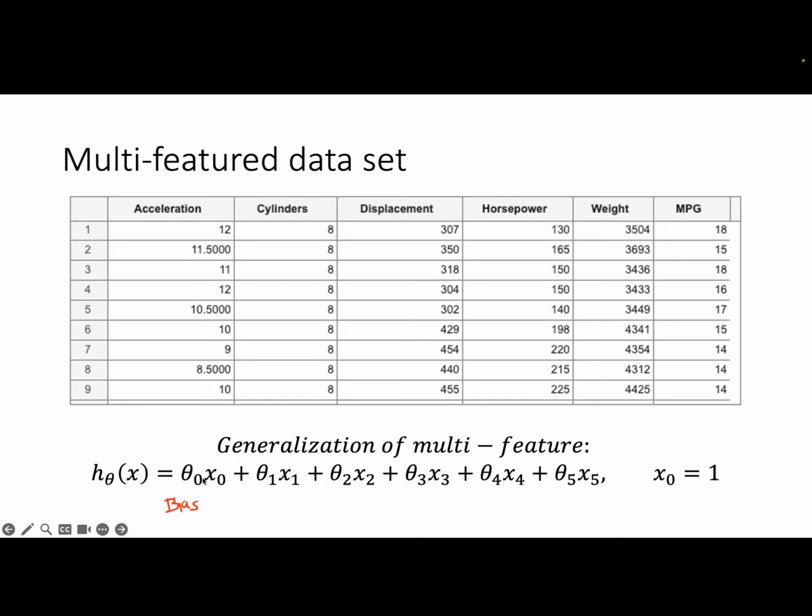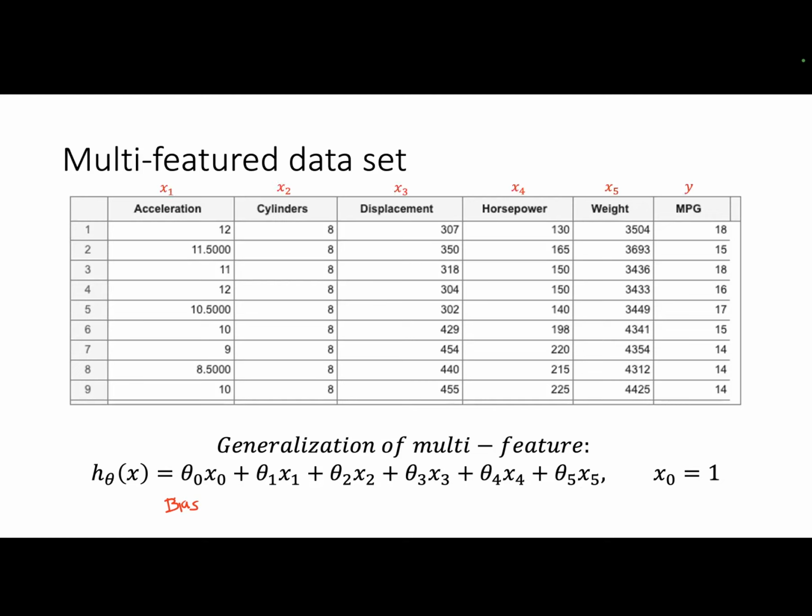Okay? So, tulad ng sinabi ko kanina, ito ay bias at ito yung mga weights niya. Okay, weights ng bawat isa sa mga features. Tapos itong x naught, which is just equal to 1, ay sinulat lang natin para maisulat natin itong buong hypothesis into a summation notation.